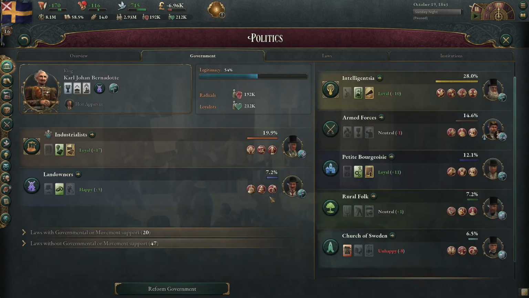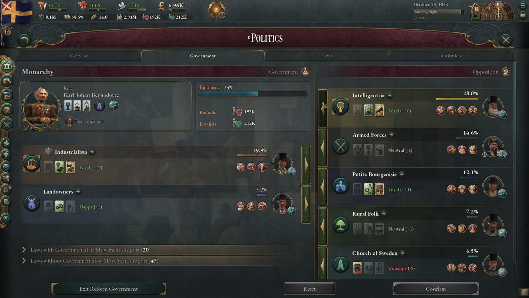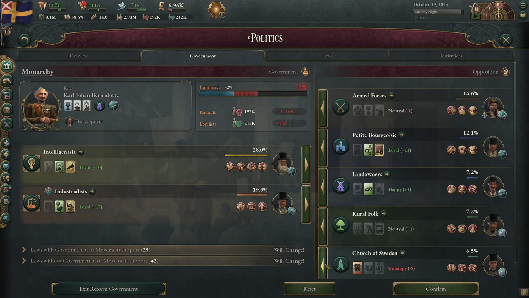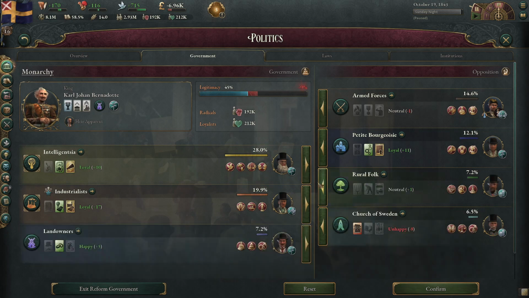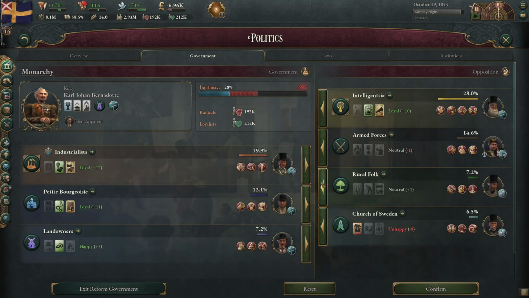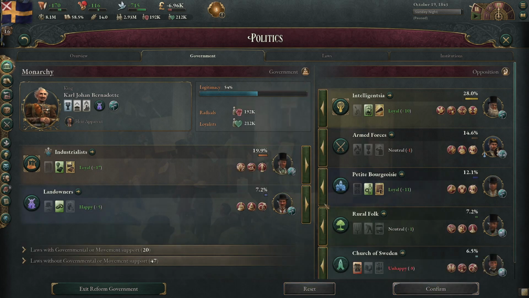I do wonder whether when we reform the government, we've got 54% legitimacy. We bring the intelligentsia in and take the landowners out. Horrible. Take the intelligentsia out. The landowners, the petty bourgeois.